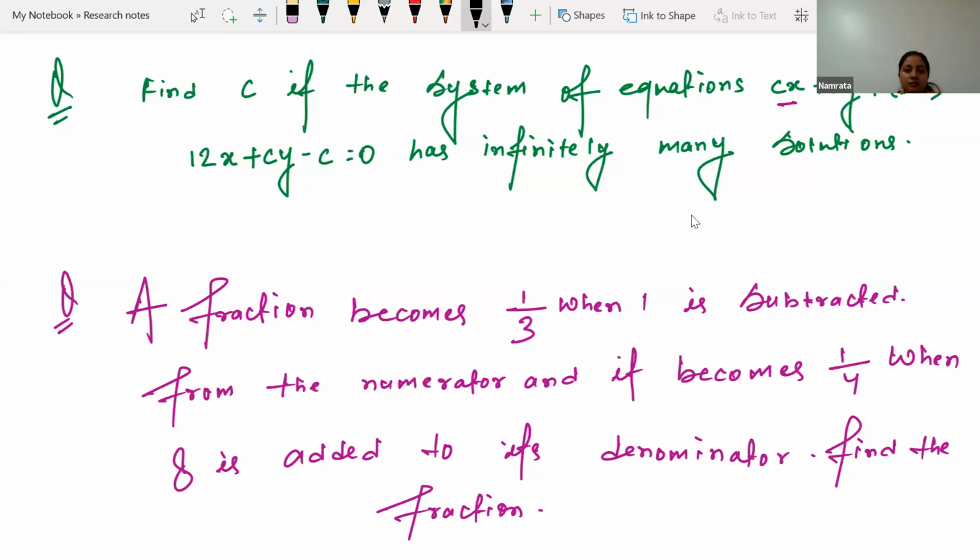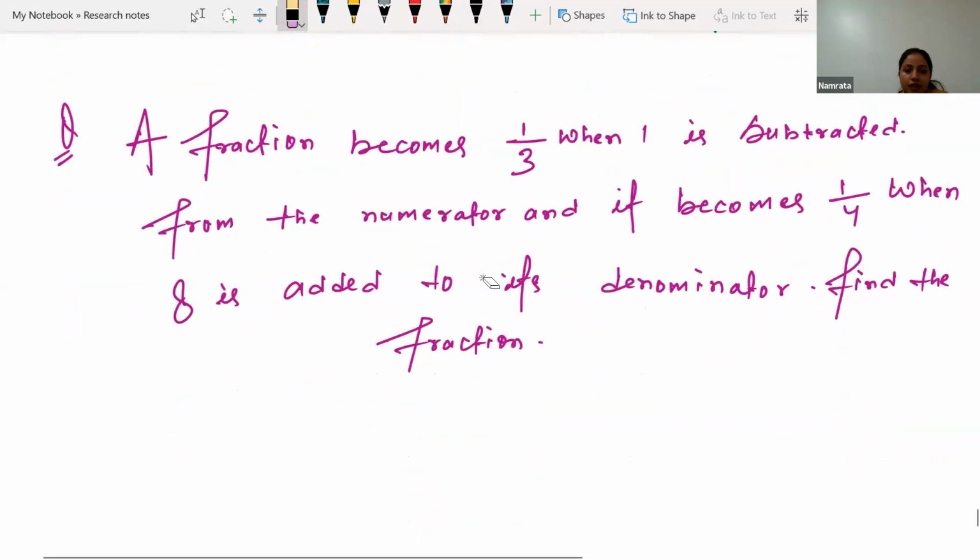C equals 6. So from there only you got it, once you compared A1 by A2 equals B1 by B2 equals C1 by C2. From there you got C equals 6, right? Yes. Perfect. Okay, let's do the next one, Arya.